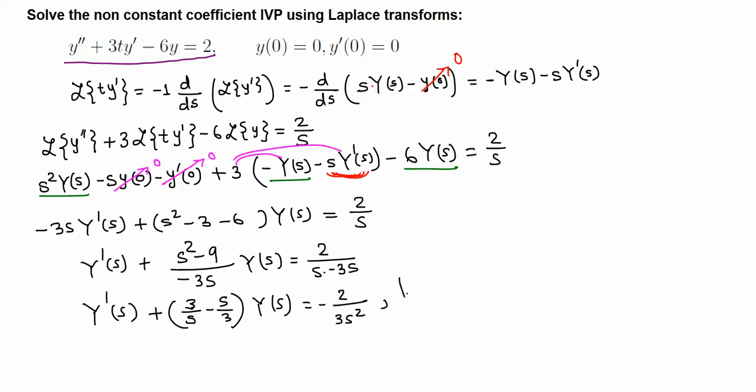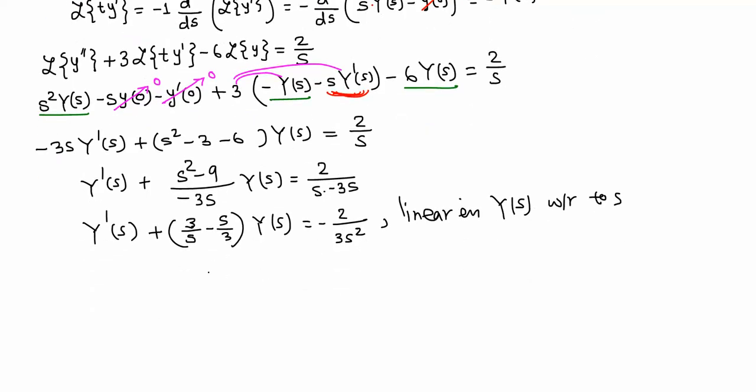Okay, this is linear in uppercase Y with respect to s. To solve, we find the integrating factor. So the integrating factor mu(s) is e raised to the integral of 3 over s minus s over 3 ds, which is e raised to the integral of 3 over s, that is 3 times 1 over s.